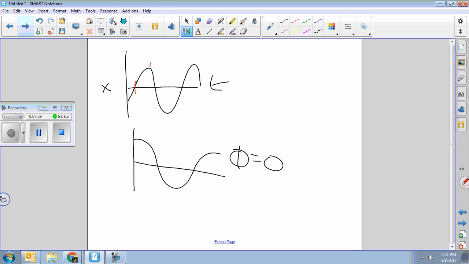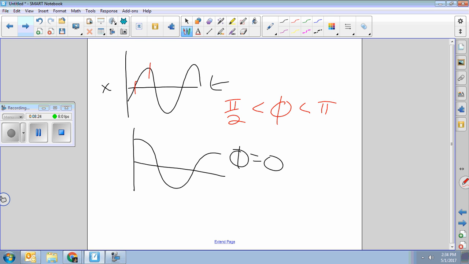Because this would be pi over 2. Does that make sense? This is just my knee-jerk reaction, before I look at the answers, because I actually can't remember. But it looks to me like phi is greater than pi over 2 and less than pi, right? Because you haven't gone a full... Does that train of thought make sense?